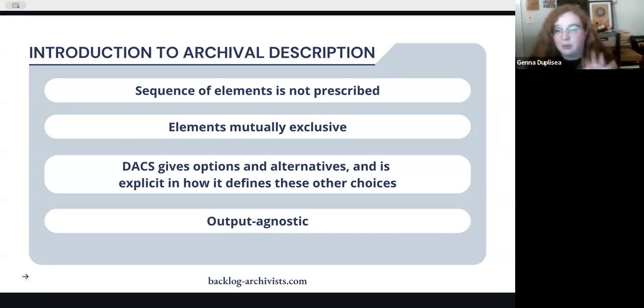And DACS is also output agnostic. So it is not saying this is a guide for writing a finding aid in EAD, or this is a guide to writing a finding aid as a Word document, or as a catalog card, or as an ArchivesSpace record. The standard is the same no matter what you are trying to do with it.